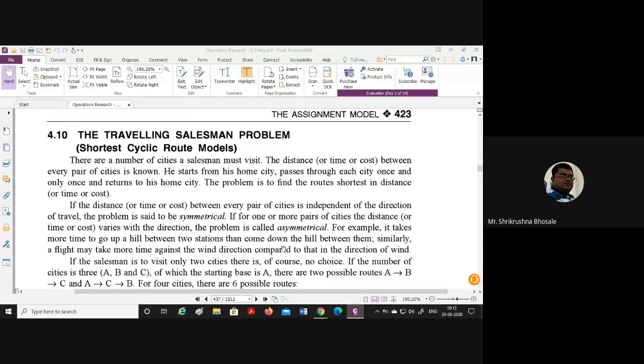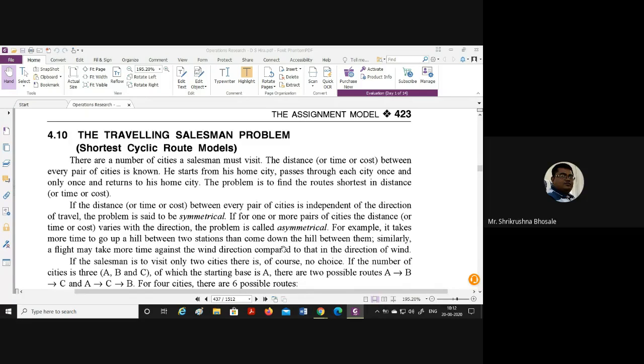That particular salesman should visit a number of cities. So there are a number of cities and the salesman must visit them. A distance or time between every pair of cities is given, that is known to us.